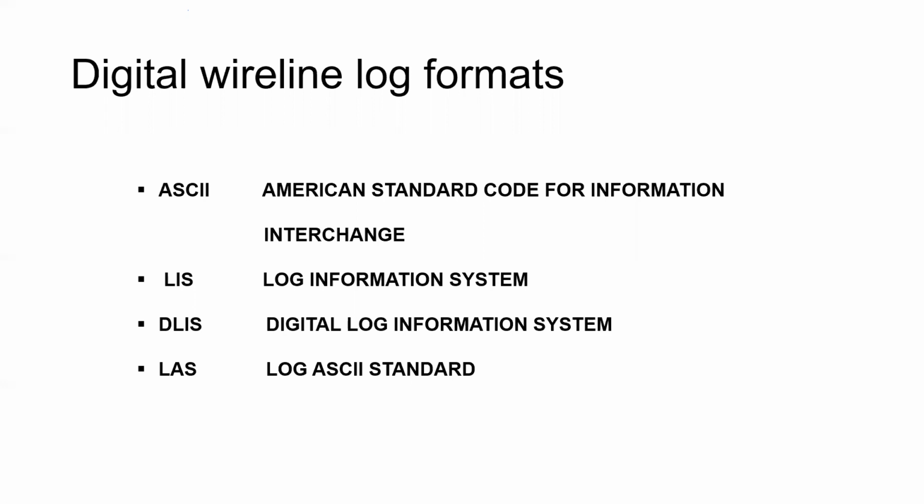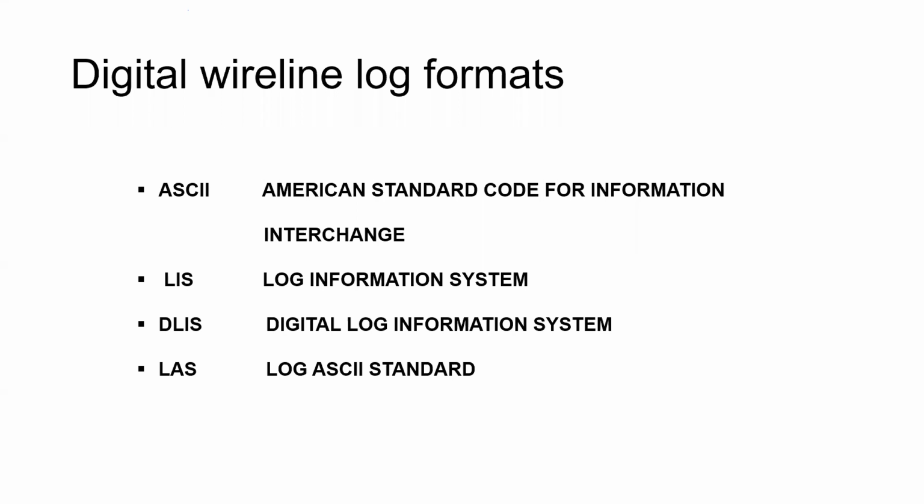Now, these are the list of the formats that most of the companies use to record the data in digital formats. The first format is ASCII, the abbreviation of American Standard Code for Information Interchange. The second format is LIS, Log Information System. The third format is DLIS, Digital Log Information System.